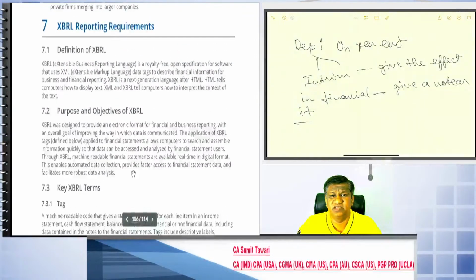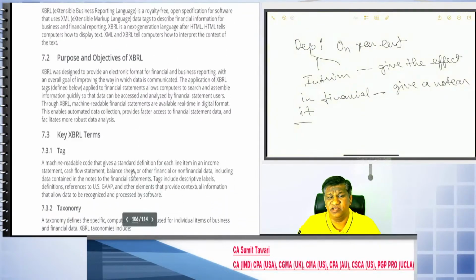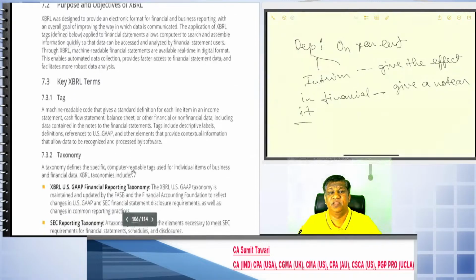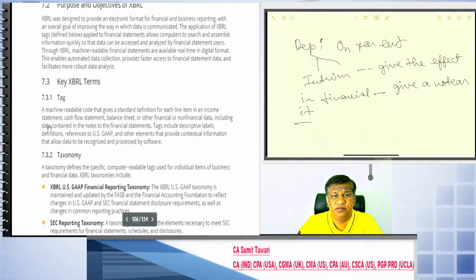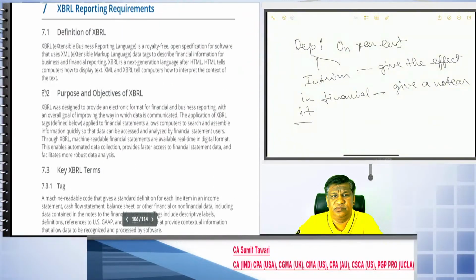So that is basically XBRL. Generally, even in India also, we need to file the financial statements with the ROC in XBRL format. So it is basically Extensible Business Reporting Language. So that is basically XBRL.